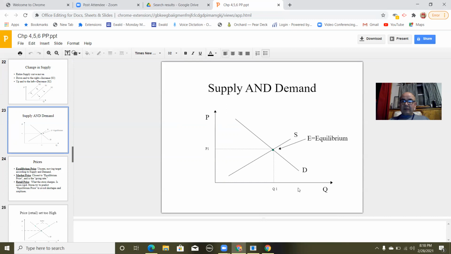Increase in quantity is out to the right, and a decrease in quantity is to the left. So we're starting with just a random demand curve and a random supply curve. Wherever demand meets supply is what we call the equilibrium price. This is the going rate of whatever product or service that we're selling.